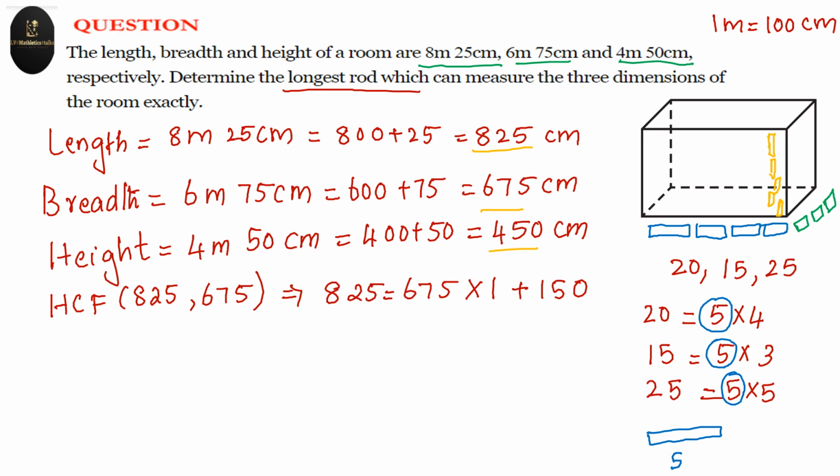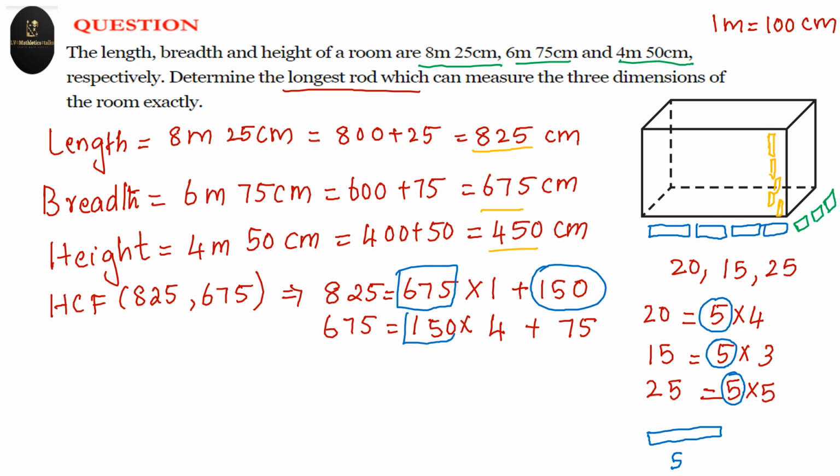Now I should take this divisor and this remainder. So I can write 675 as 150 multiplied with how many times? 4 times, and then plus 75.